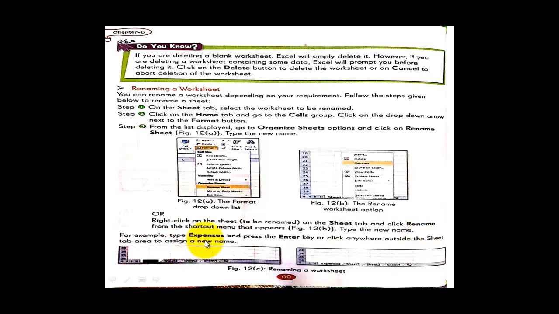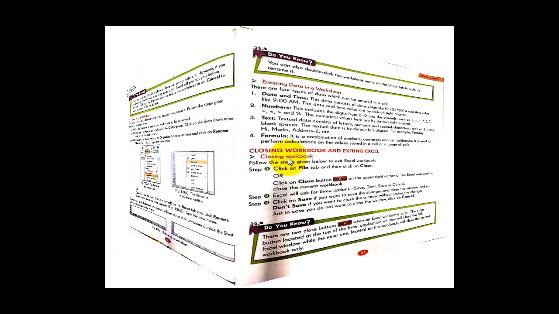For example, type expenses and press enter, or click anywhere outside the tab area to assign a new name. Like this, you can rename a worksheet. In two different ways you can rename a worksheet, or if there is any other option also, you can do it that way.